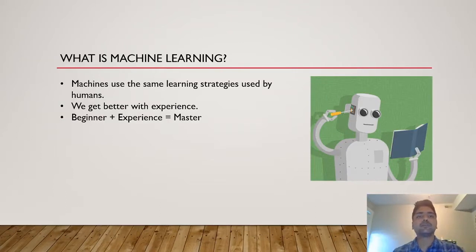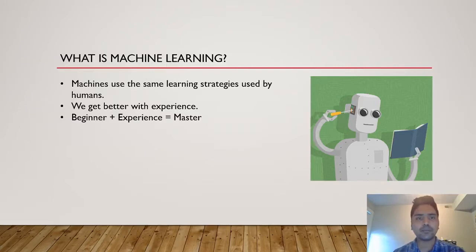So first, before knowing how to do, we need to know what is machine learning. For that, let's go down our memory lane. When you were young and you were first trying to ride a bicycle, you would have been a beginner and you would have struggled a lot on your first day of bicycle riding. And as you do it again and again daily as a routine, you would have become better.